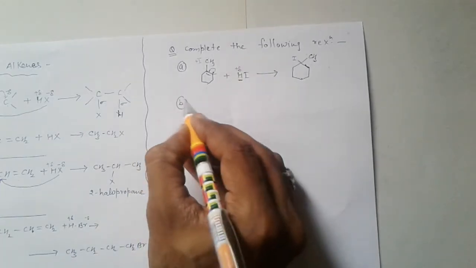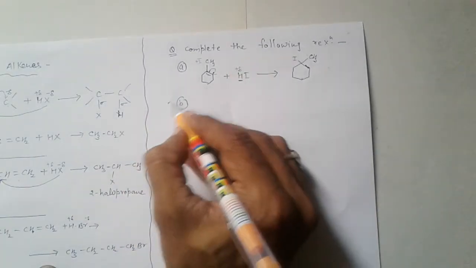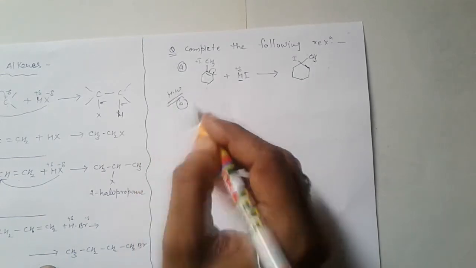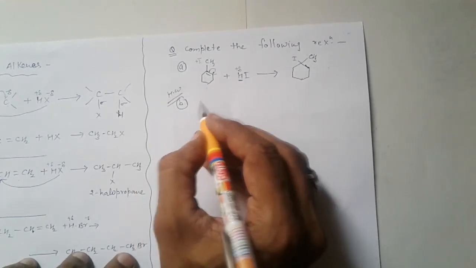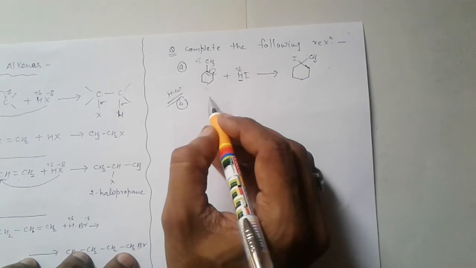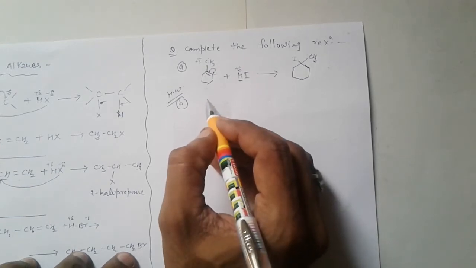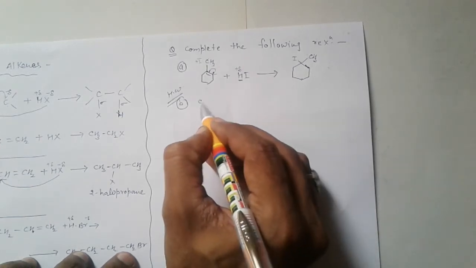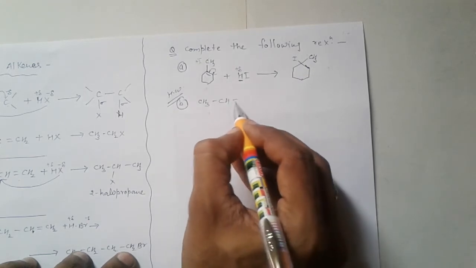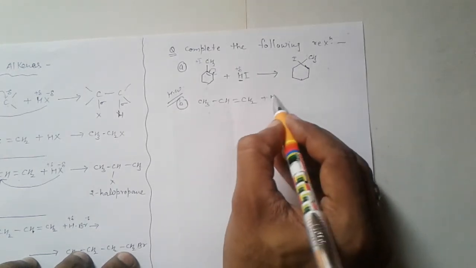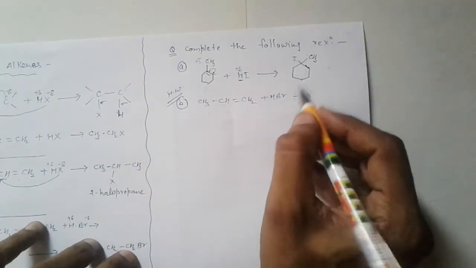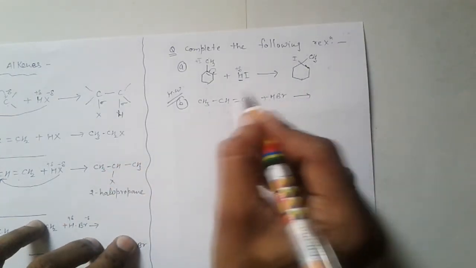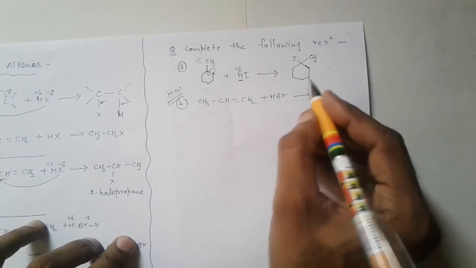Part B is for homework. Here HBr is added to propene, so it is a propene molecule and it is an HBr molecule. HBr is added to propene in the presence of peroxide.